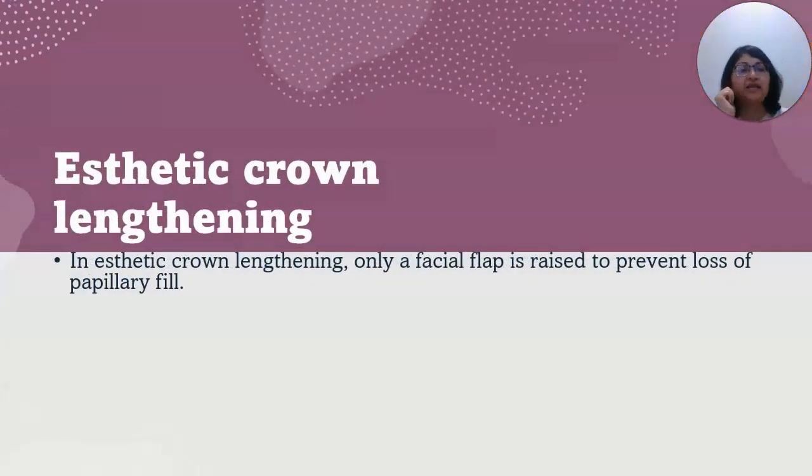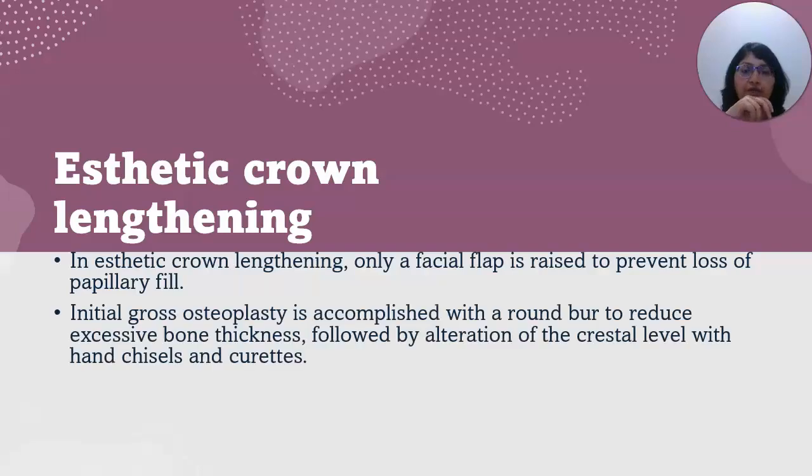Now coming to aesthetic crown lengthening. What do you do? Like we were discussing, the difference between functional and aesthetic is obviously the reason you do it. Another thing is that in aesthetic crown lengthening, we usually only raise a facial flap because it is for aesthetics. You do not want to touch your interdental papilla at the risk of causing recession.